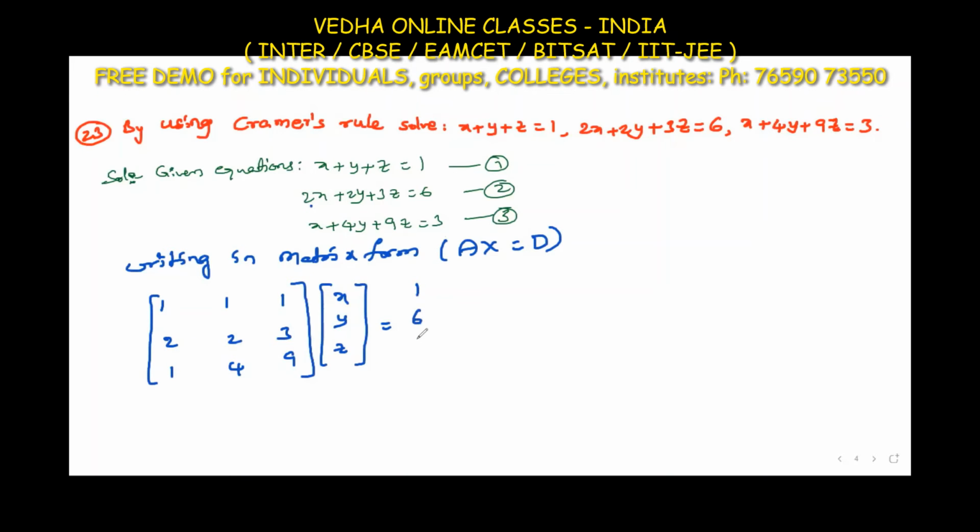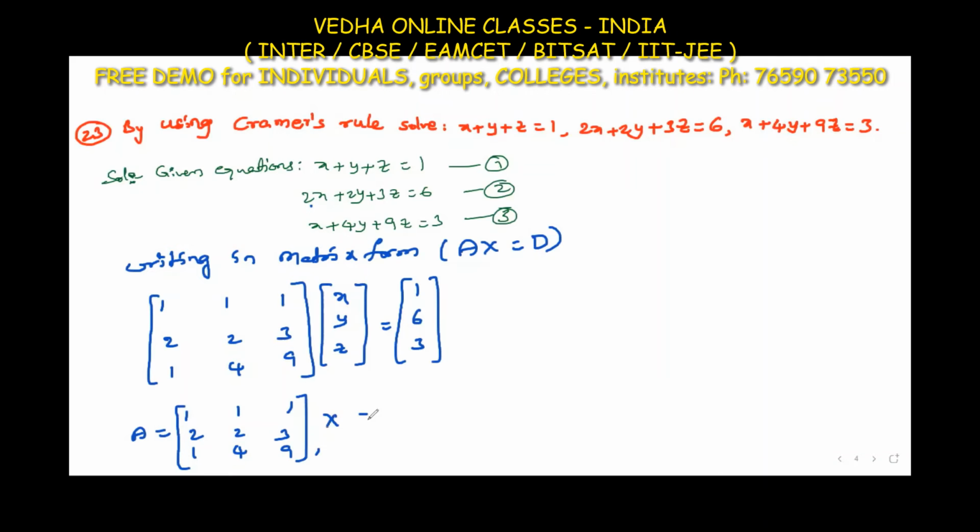By comparing with AX equals D, what is A here? A equals 1, 1, 1, 2, 2, 3 and 1, 4, 9. This is the A matrix.